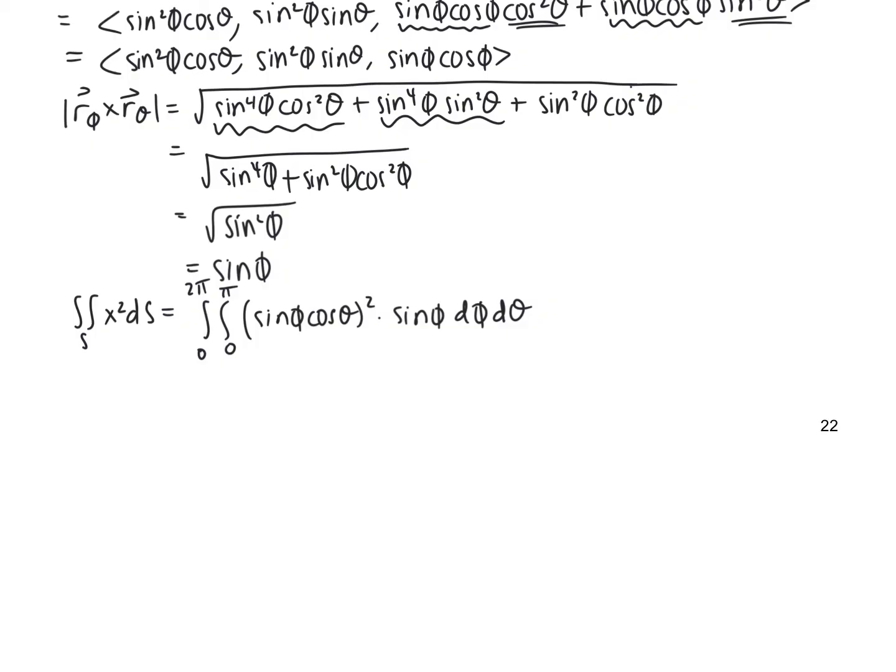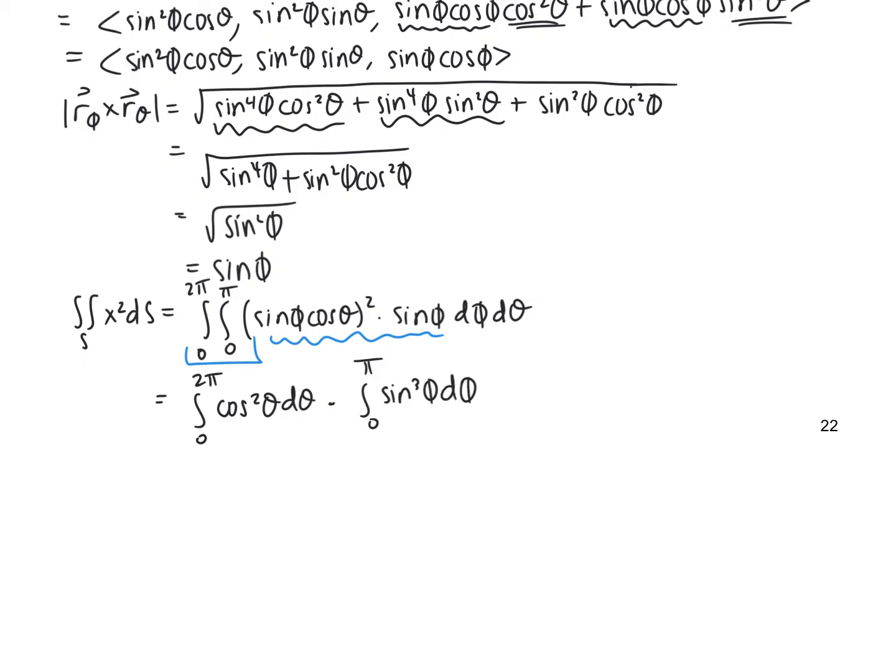Okay, so what I can do, because I have rectangular coordinates and because this is a function of phi multiplied by a function of theta, is I can split them up just for ease of evaluating. So this becomes the integral from 0 to 2 pi of cosine squared of theta d theta, multiplied by the integral from 0 to pi of sine cubed of phi d phi.